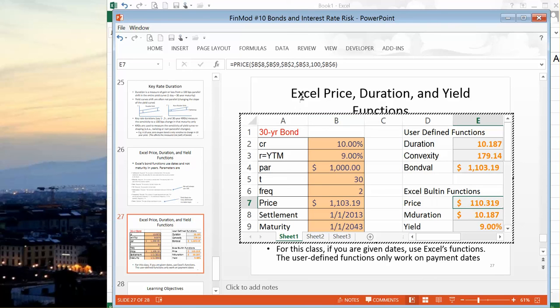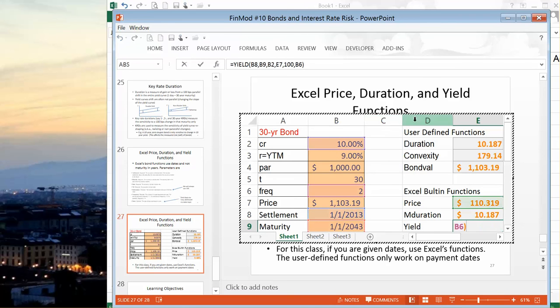And these functions require you to put in the coupon rate, in this case the yield to maturity, the frequency of payment, the settlement and maturity date, and then the redemption value, which is what percentage of par is redeemed at maturity, and you will always put in 100%.